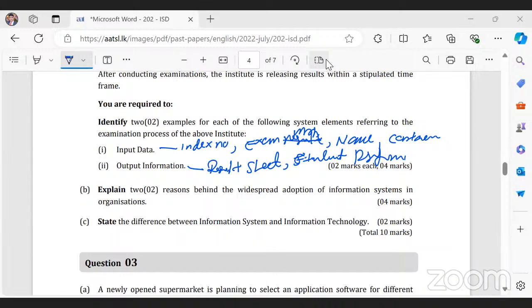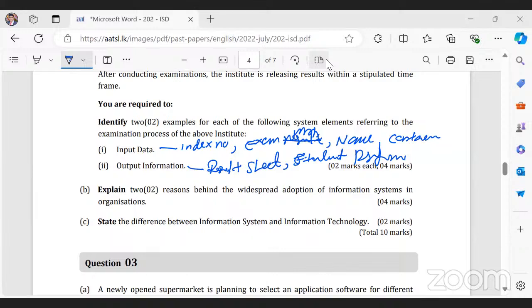State the difference between information systems and information technology. Normally, what is an information system? An information system is a system designed to gather, process, store, and disseminate information. But information technology deals with the technology we are using in the systems.